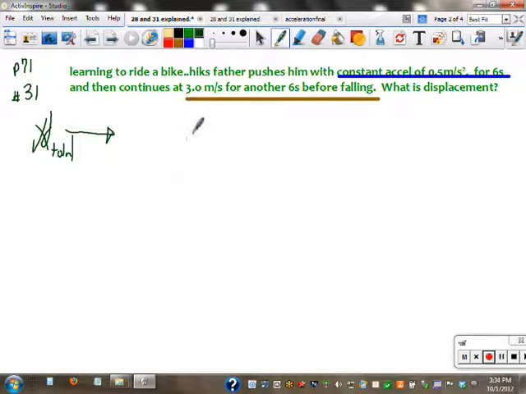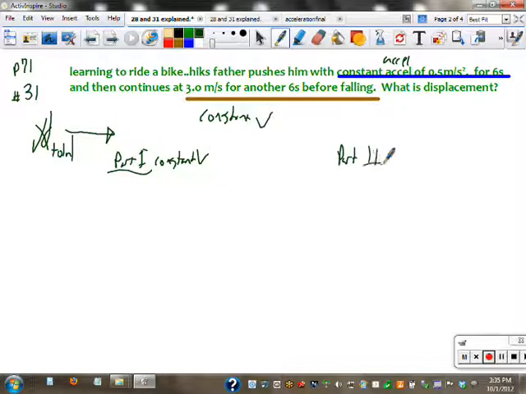But here's the challenge. We have a constant velocity and then an acceleration section. So this is in 2 parts. I have to solve part 1 with constant v. Part 2 is constant a.